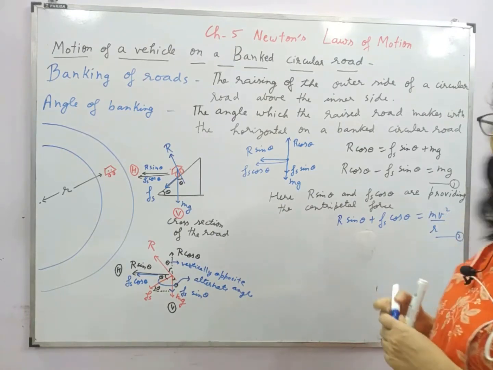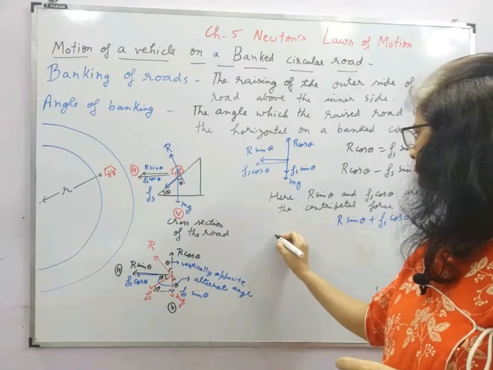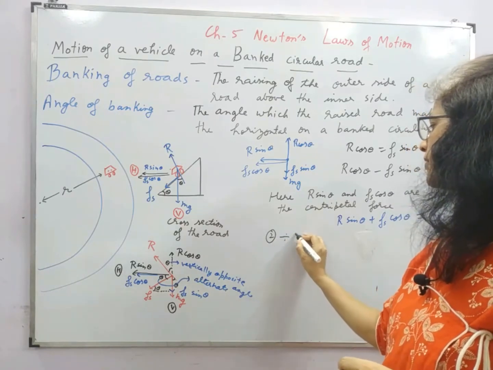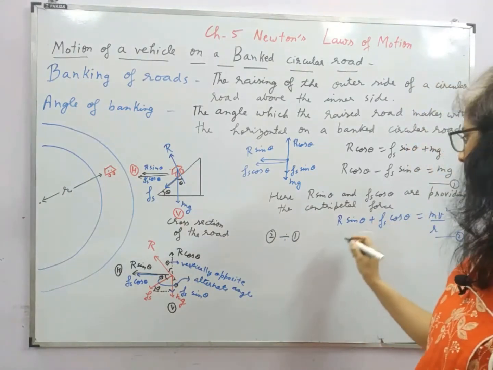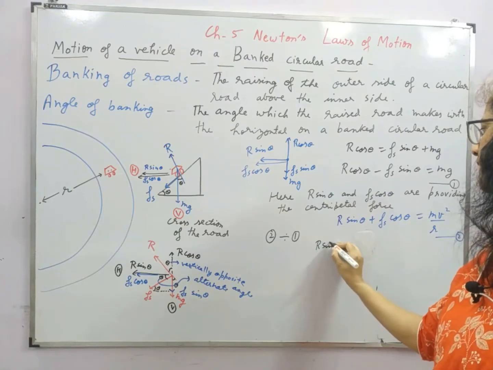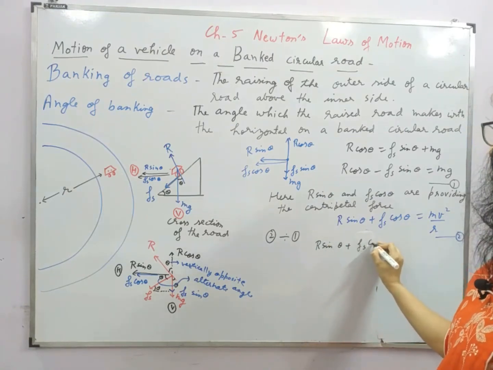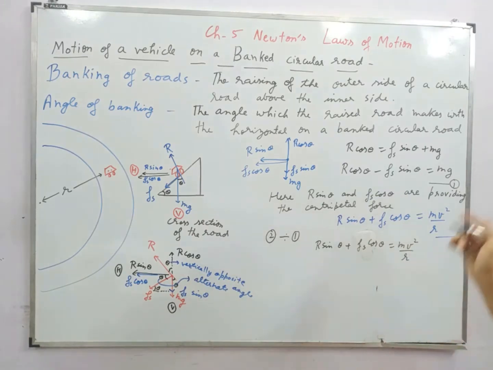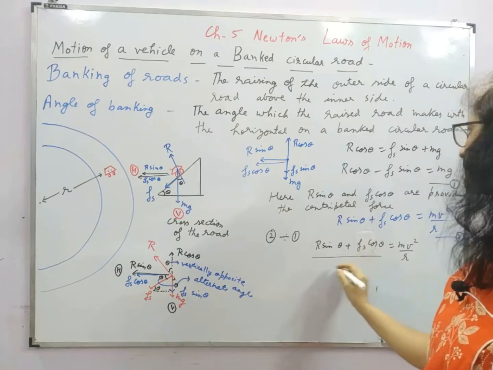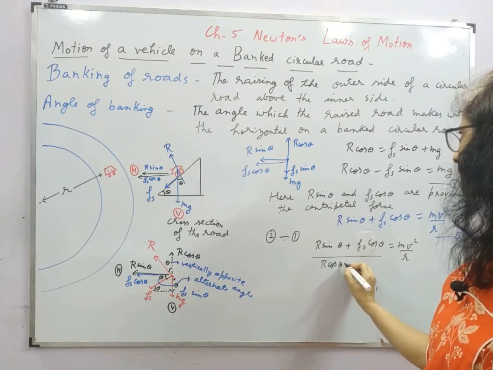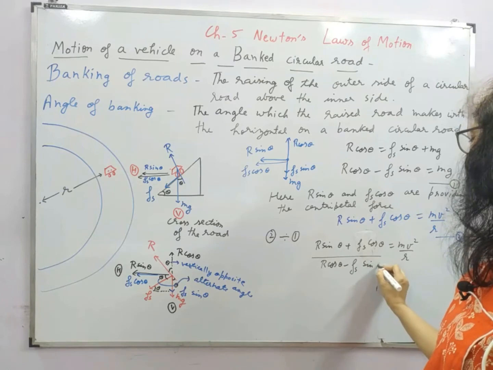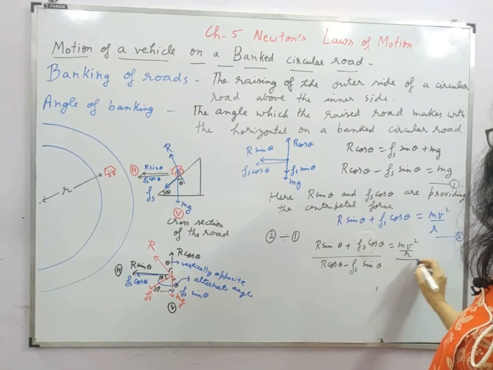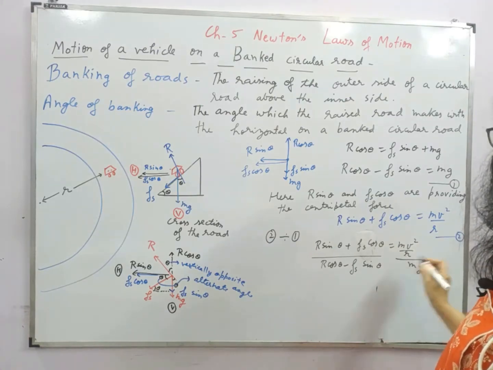If I mark this as equation 2, so divide second equation by 1. So that means R sine theta plus Fs cos theta is equal to mv square upon r is our second equation. I'm dividing it by first, so that means R cos theta minus Fs sine theta, and this is divided by mg.